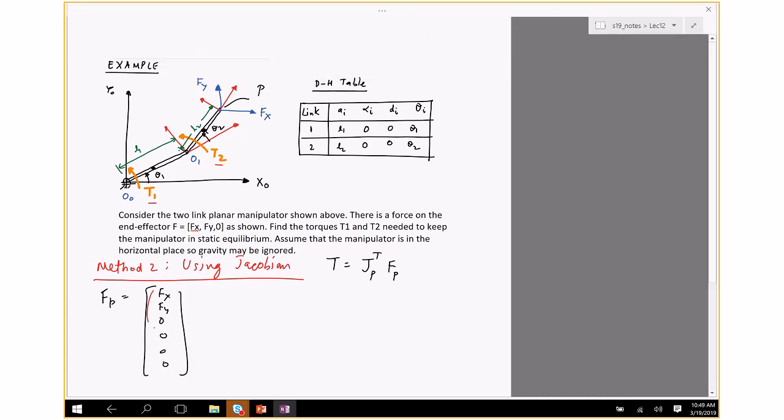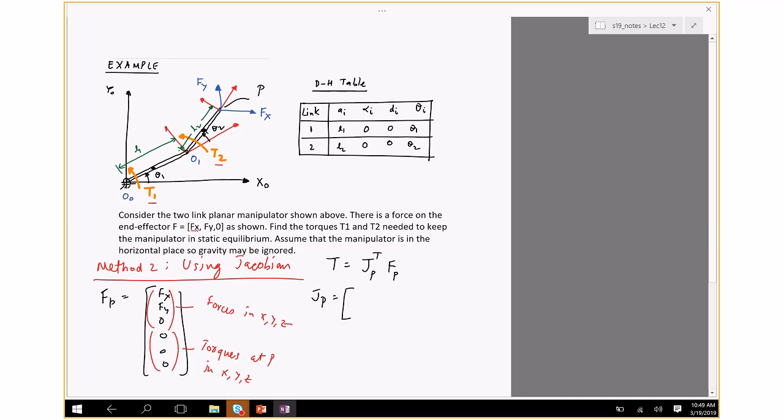So these are the forces in X, Y, Z, and these are the torques at P in X, Y, Z, which are clearly not there. That's simply 0. Then I need to find the Jacobian of point P, which is the end effector.